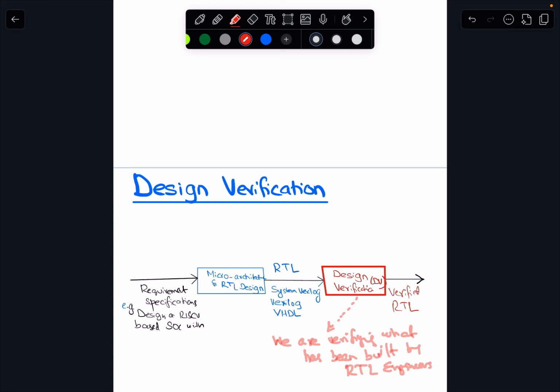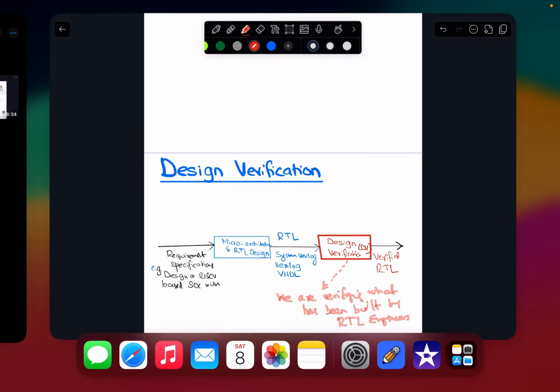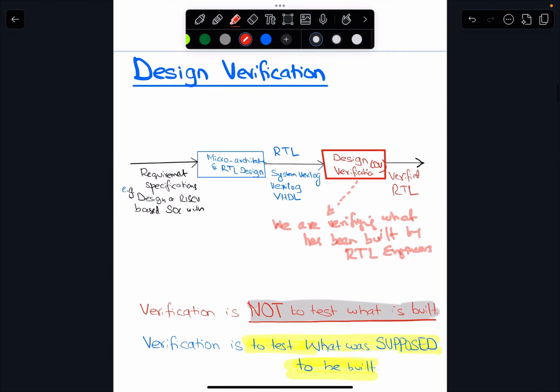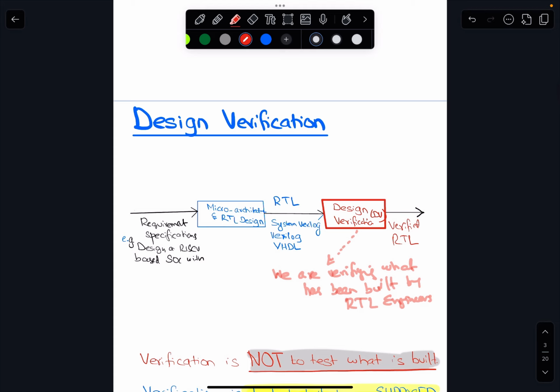Okay, so the problem with this is that we are not verifying what is required by the requirements. We are just verifying what has been built. Verification is not to test what is built.